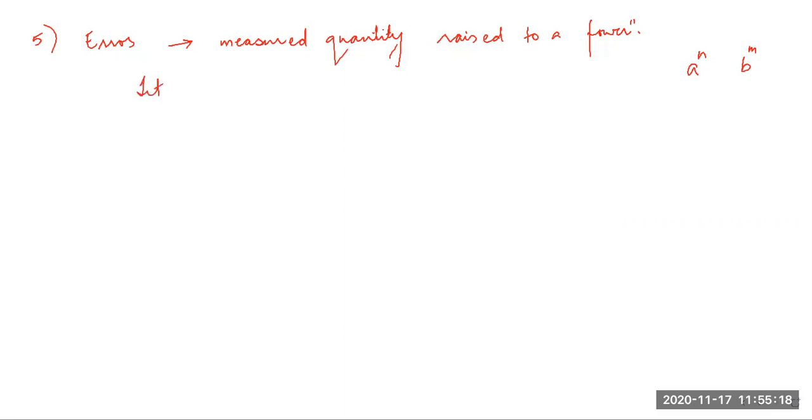Now students, let X be equal to, you can do it either way, A raised to power n divided by B raised to power m. Sometimes some quantity is proportional to the square of another quantity and inversely proportional to the cube of some other quantity.